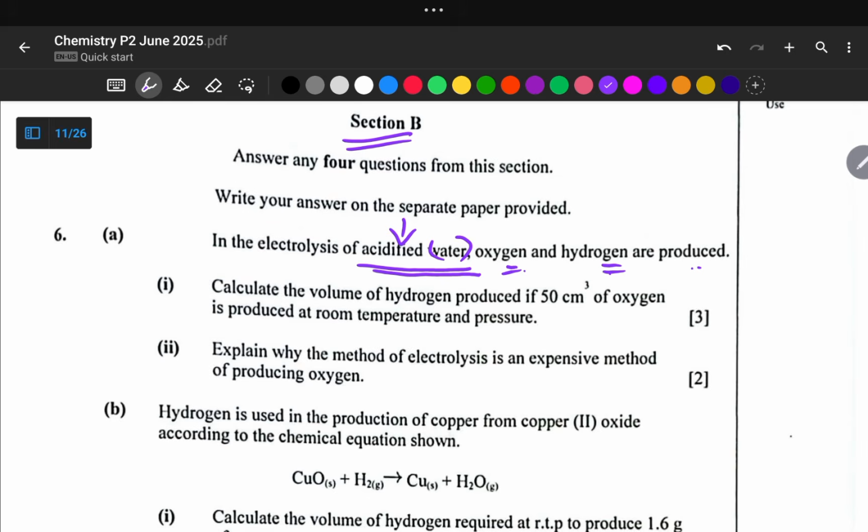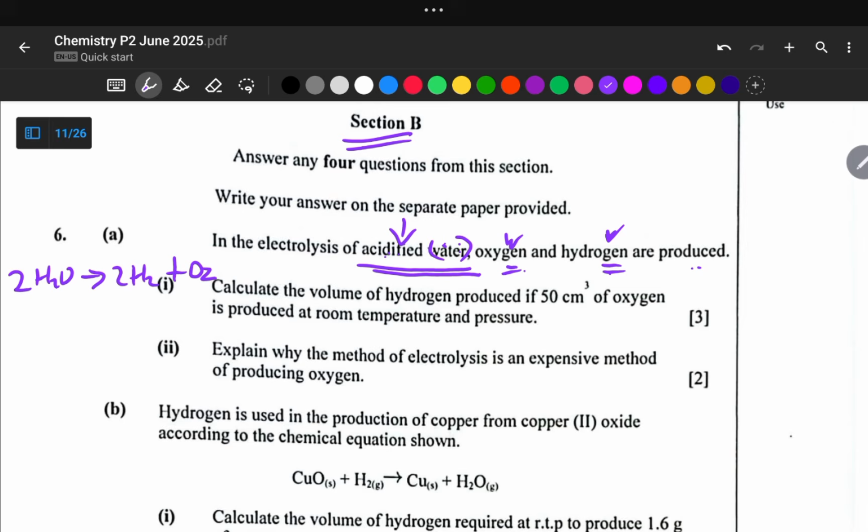It doesn't have free mobile ions or free mobile electrons to conduct electric current. So we acidify it to increase its conductivity, so that we can ionize water. Oxygen and hydrogen are produced. The equation is 2 moles of water giving 2 moles of hydrogen plus 1 mole of oxygen.